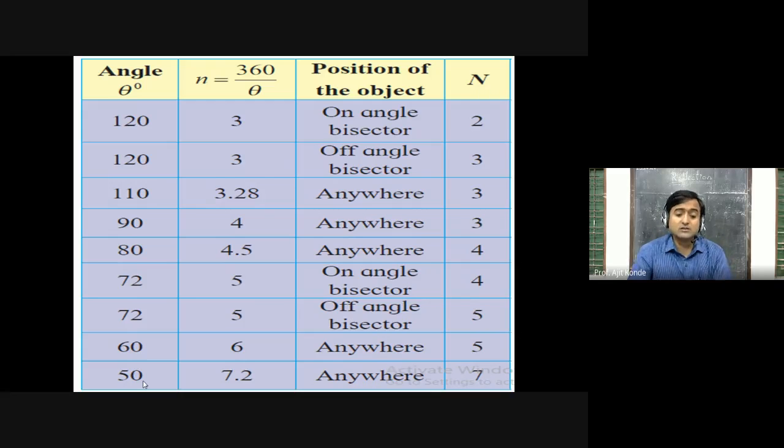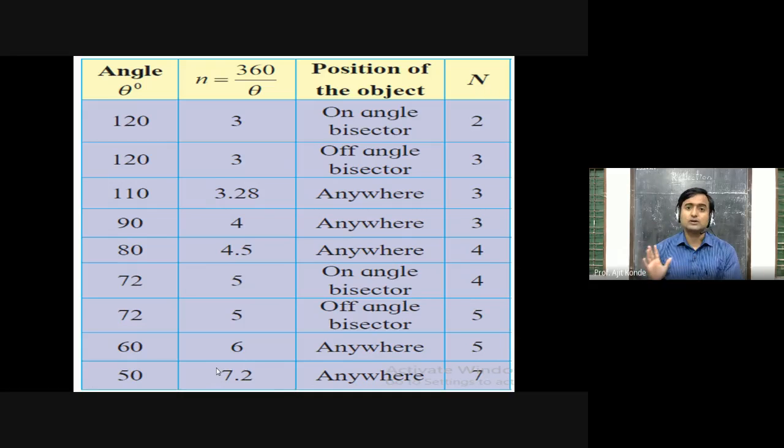And if the answer is 7.2, it is in decimal form, then we have to take its integral part, that is 7. और जब भी डेसिमल में आएगा तो हमें नहीं देखना है कि ऑब्जेक्ट कहाँ एंगल बाइसेक्टर पे है या नहीं है. Is it okay?